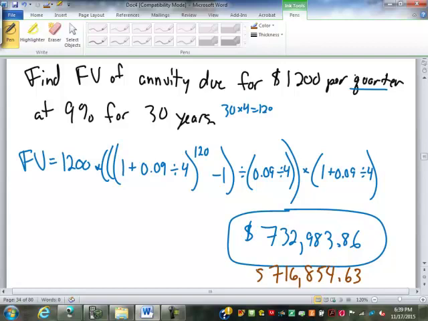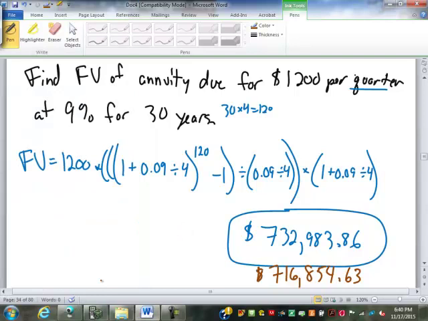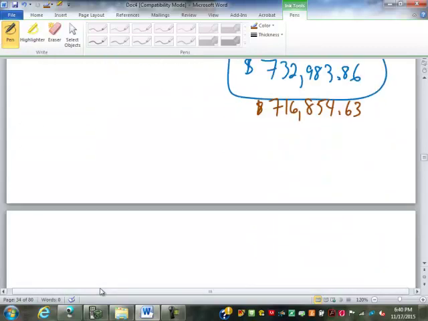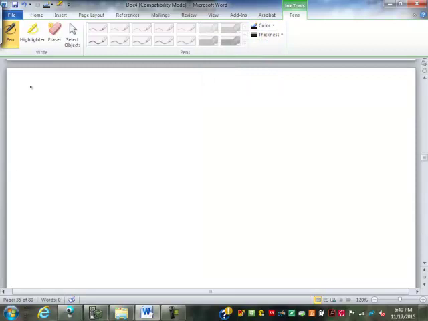So you can see in this case it's over a $16,000 difference, about $16,127 difference, to have an annuity due. So here's what I want to find.